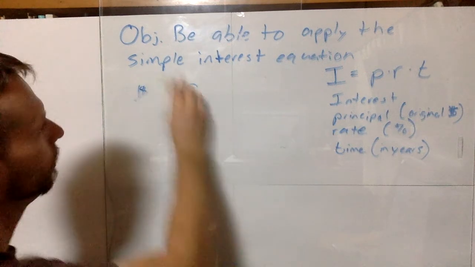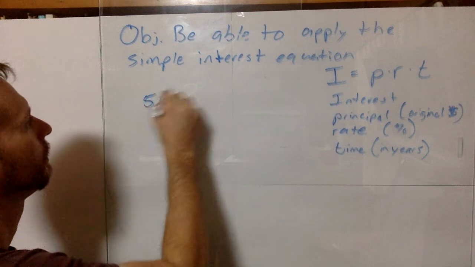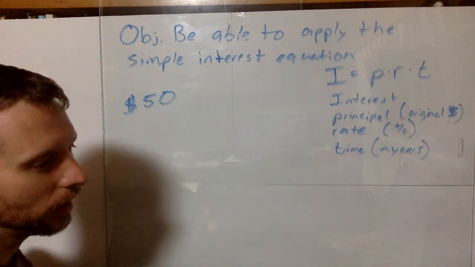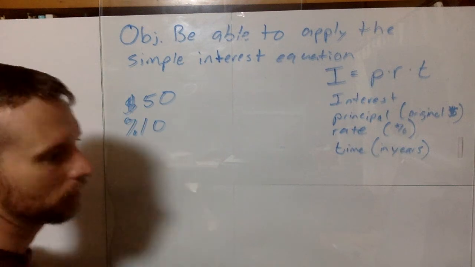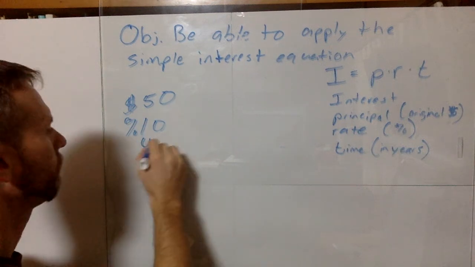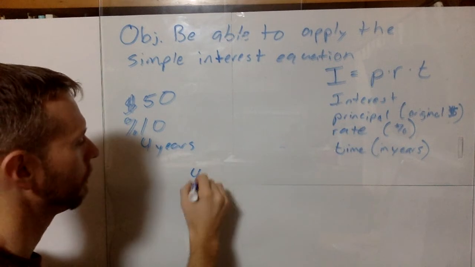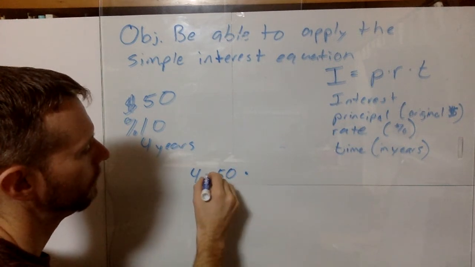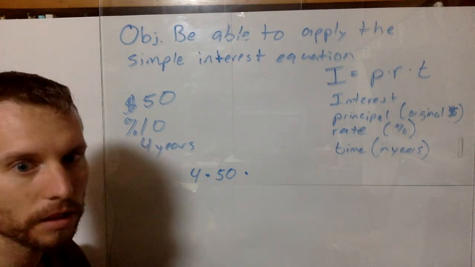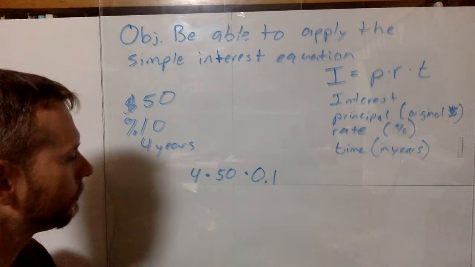Okay, let's try another one. How about if I invest $50 at 10% for 4 years? Well, 4 times 50 times, not 10, but we need to put that in a decimal, so that's 0.1.